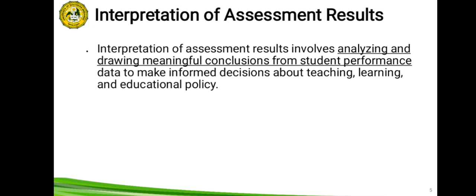It means looking at a student's test scores and performance data to understand what they know and what they need help with. This helps teachers and school leaders make better decisions about how to teach, how students learn, and how to improve education policies. In short, it's about using test results to make smart choices in teaching and learning.